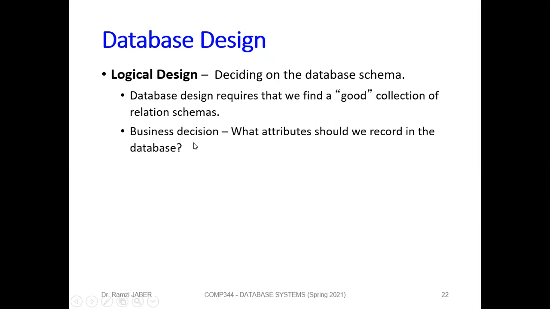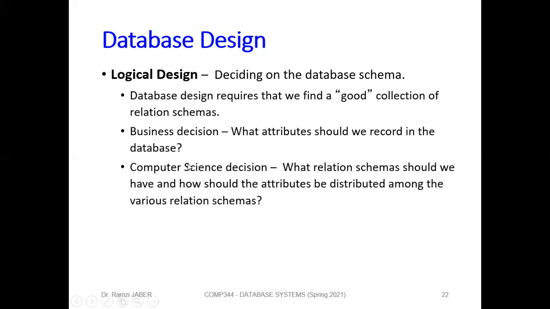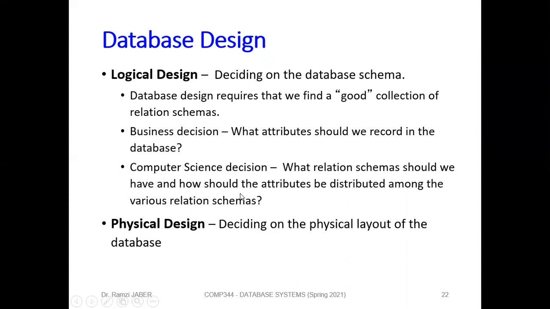Business decision: what attributes, fields or columns should we record in the database? We'll see how in Microsoft Access. Computer science decision: what relation schemas should we have and how should the attributes be distributed among the various relation schemas? Physical design: deciding on the physical layout of the database.